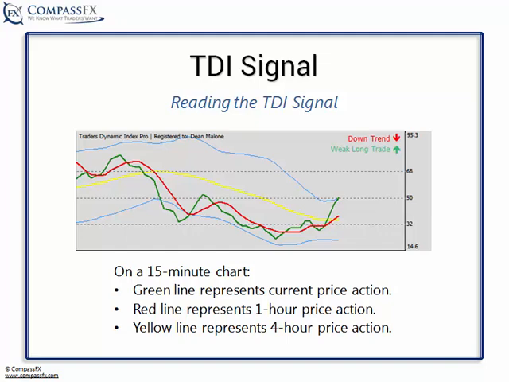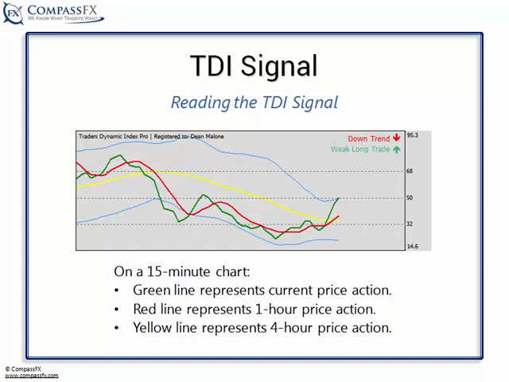The red line on a 15-minute chart represents price action on a 1-hour chart. If you go look at a 1-hour chart and you look at the green line on that 1-hour chart, then go back over to your 15-minute chart, the red line on the 15-minute chart is going to be similar to the movement you see in the green line on the 1-hour chart.